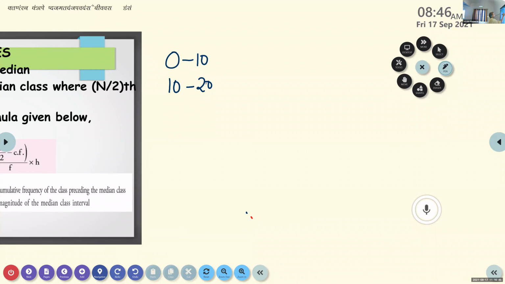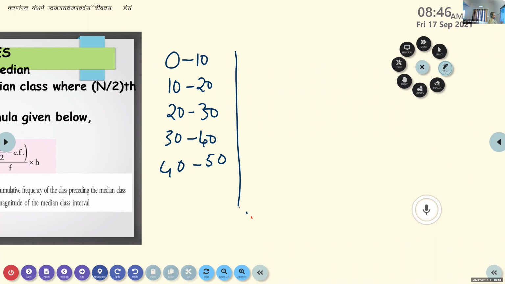No need to copy it down. 20 to 30, 30 to 40, 40 to 50. Frequencies are 2, 4, 5, 4, 2.